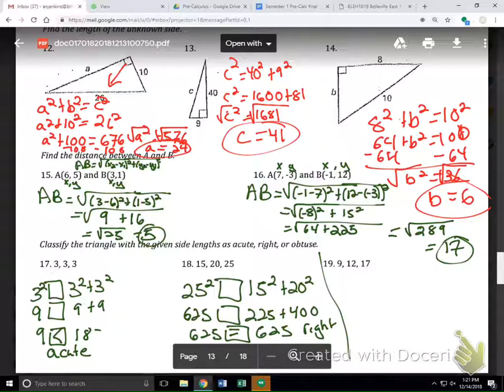And last but not least, we have 17 squared box 9 squared plus 12 squared. I'll fix my 9 in 1 second. Thank you, ma'am.